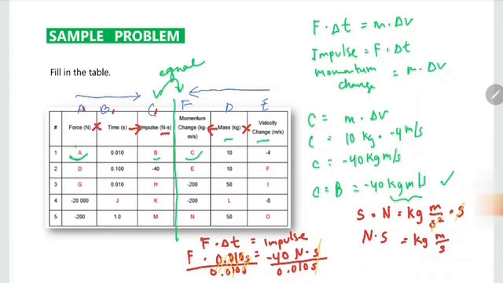What will I get? Negative 40 divided by 0.010 is actually 400 newtons. It has a negative sign. Okay, you can answer the rest.